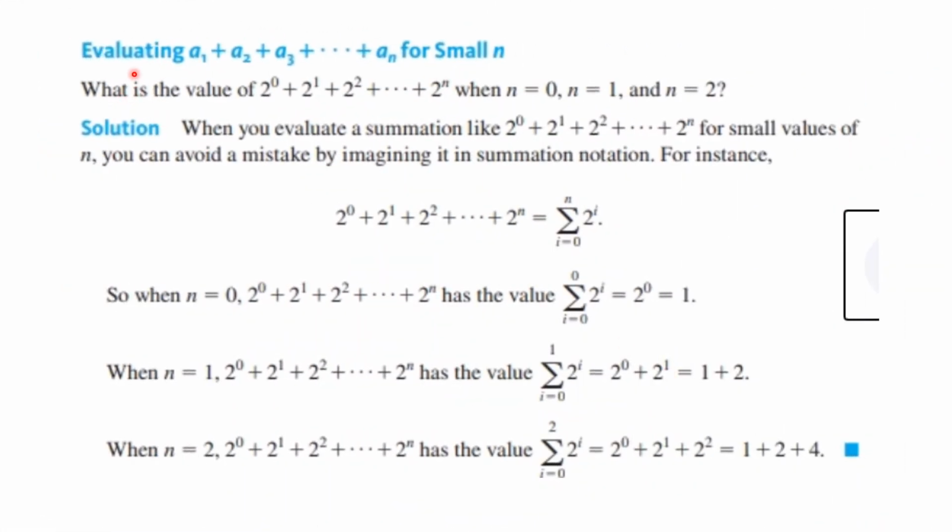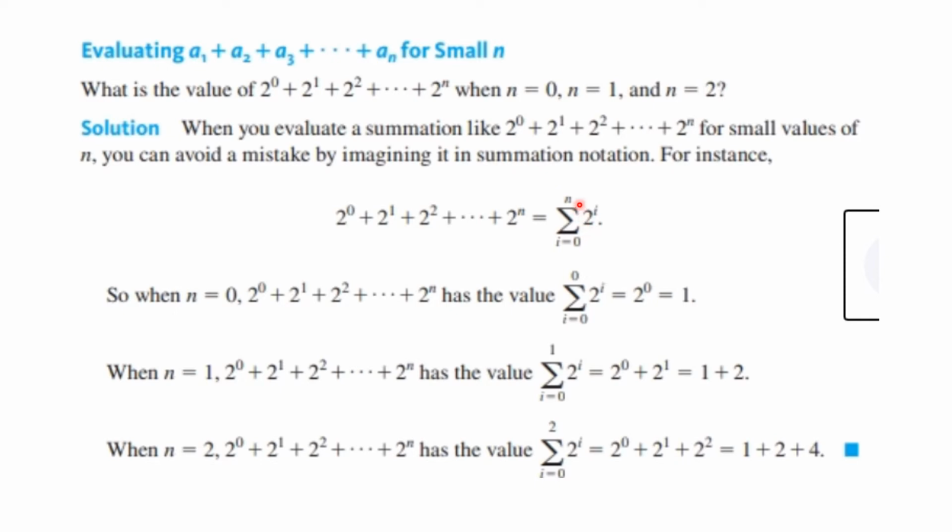And sometimes I want to ask you to evaluate a sum. So what is the value of this when n is 0, n is 1, and n is 2? Remember, the n is the number that's up here. When you evaluate a sum like this, you can avoid a mistake by imagining it in summation notation. So this is the summation i equals 0 to n of 2^i.